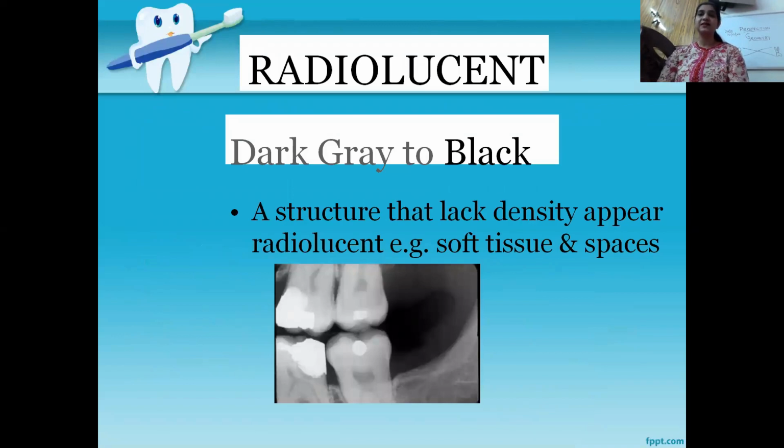Here we can see the radiolucent area, which is dark gray to black. Structures that lack density, for example soft tissue and spaces, appear more radiolucent, dark gray to black in color.